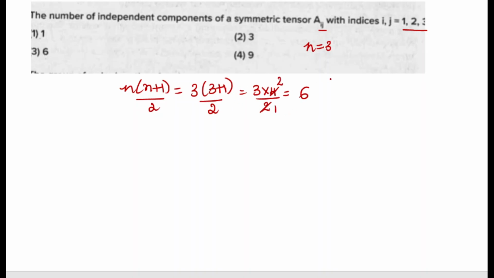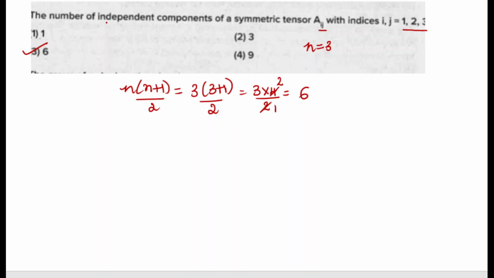Nothing to do with the rank, we only need to proceed with the dimensions. The formula is n into n plus 1 divided by 2. So n equal to 3: 3 into 3 plus 1 divided by 2. So it will be 3 into 4 divided by 2. 2 ones are 2, 2 sixes are 12. So the answer is 6. The correct option is 3, that is 6.